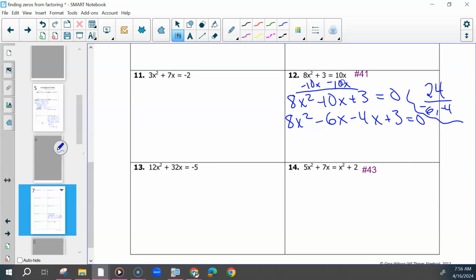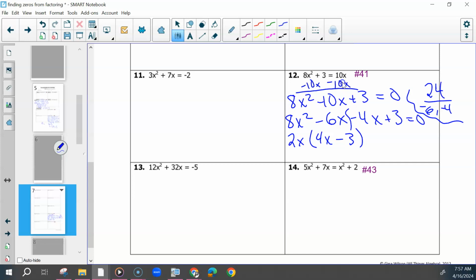And then start to find your GCFs. 2x on the first two, leaving minus 3. And then what can we divide out of the last two? Positive or negative?